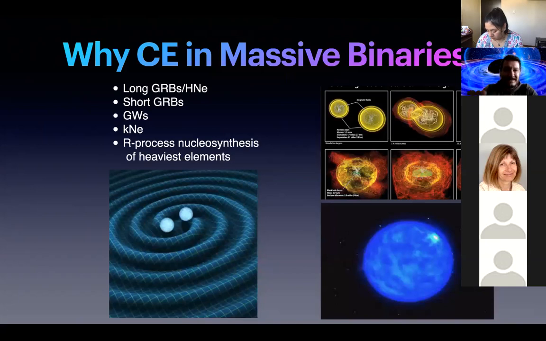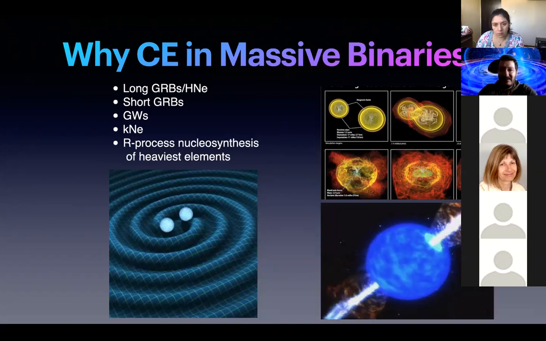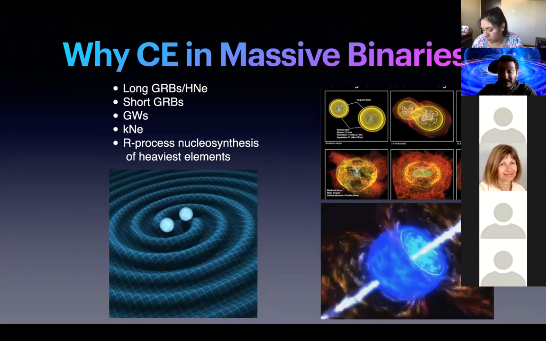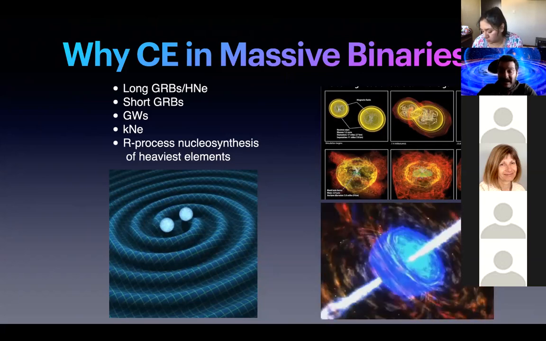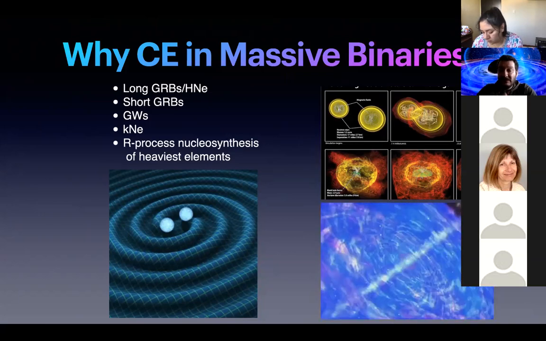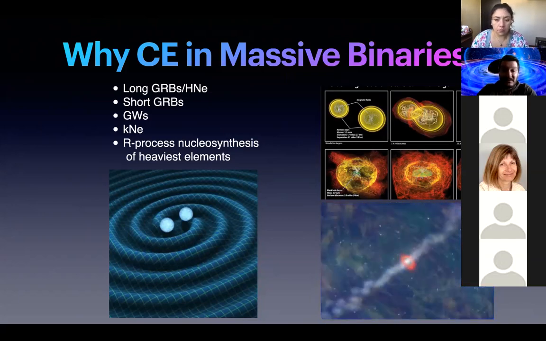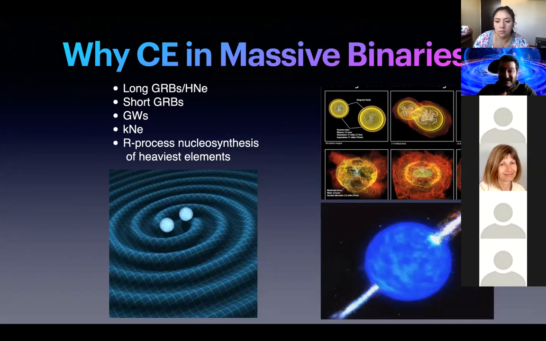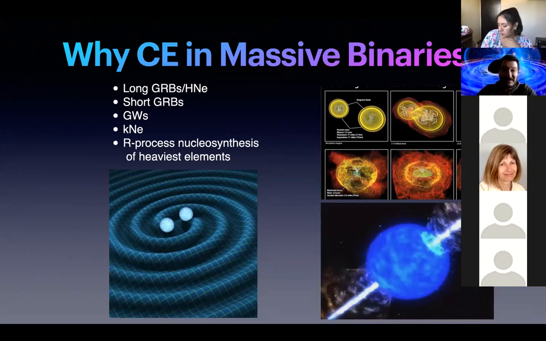As Fabio was mentioning in his talk, in order to produce a long GRB, we need a lot of energy that you don't seem to have available during typical supernovae. One of the ways to do this is to use the kinetic energy from the orbit of two stars to tap this extra energy and produce these extra energetic phenomena, which are long GRBs.